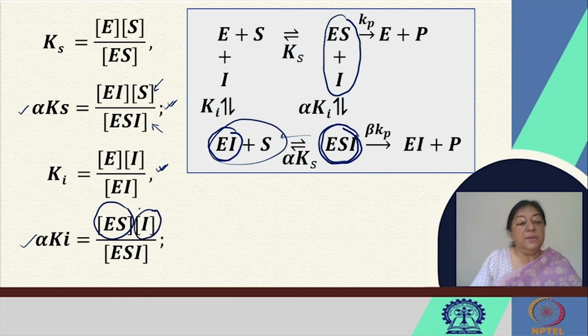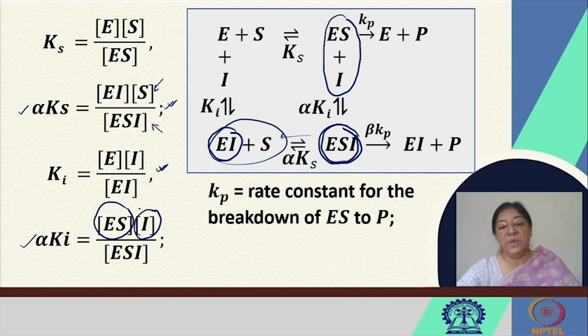In the alpha Ki case, we are looking at the enzyme substrate inhibitor ternary complex breaking into the enzyme substrate complex and the inhibitor. And if there is any methodology that can monitor the concentrations of the enzyme substrate complex or the inhibitor or the formation of the product, this will be used to determine the values of alpha and beta in the reactions.